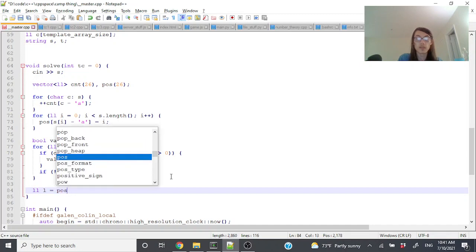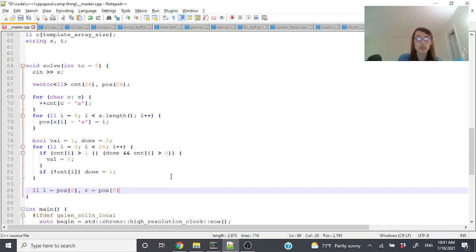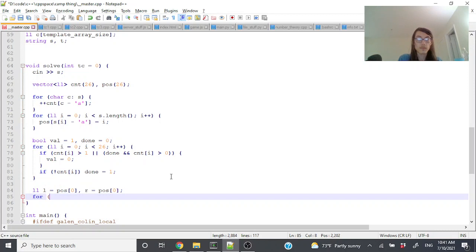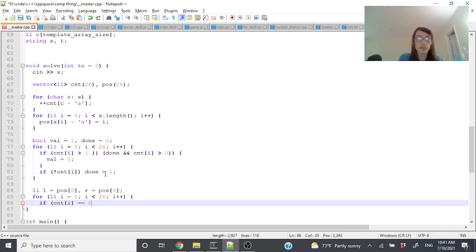L is equal to pause 0, R is equal to pause 0. If count I is equal to 0, break.